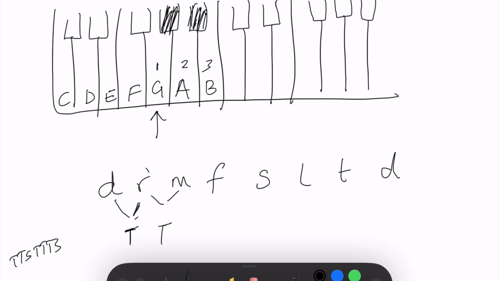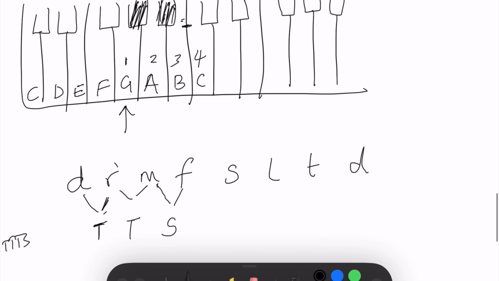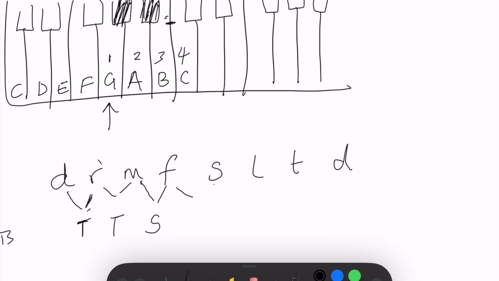All right. Now, to get the fourth note, we are asked to move a semitone distance. A semitone distance is here, C, because there is no black key. So we are good on that point. To get the fifth note, we are asked to move a tone.